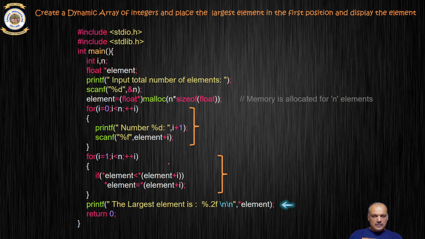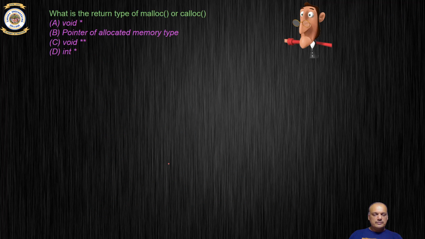Okay, so let's move further. Now have a look at this question and try to guess the answer. What is the return type of malloc or calloc? Is it a void pointer, or is it a pointer of the type of memory which has been specified? Is it a double void pointer, or is it an integer pointer?